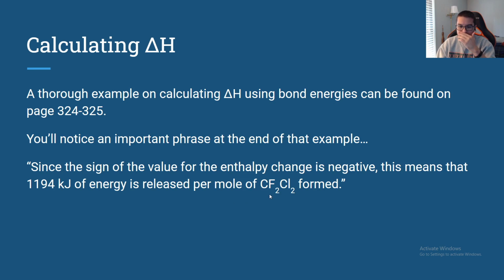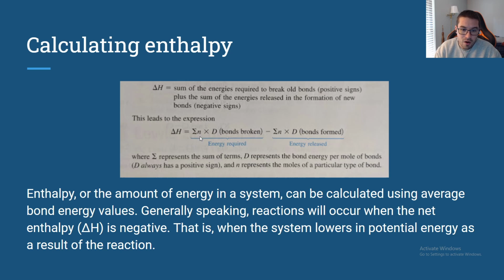So as this is forming, energy is being released. And it's due to, once again, the amount of energy required to break the bonds not being as big as the energy released when new bonds form.